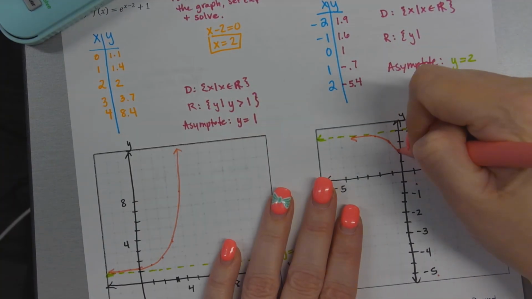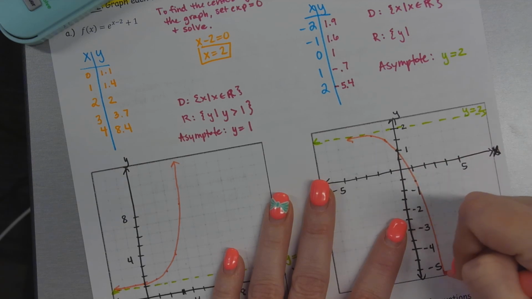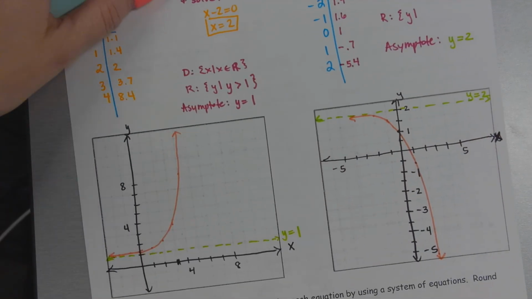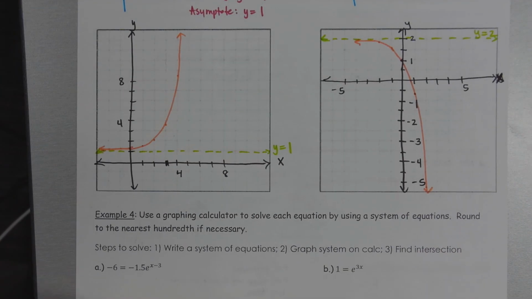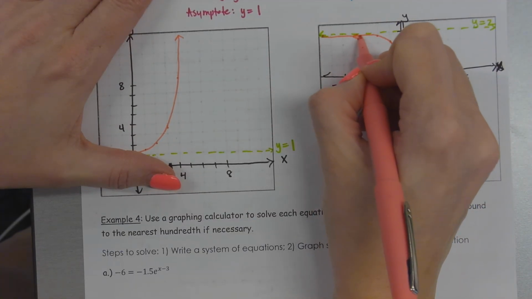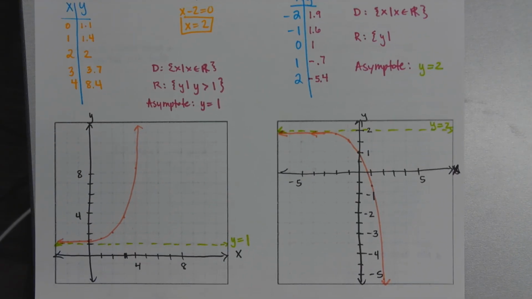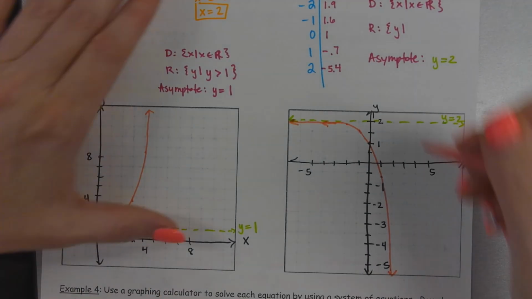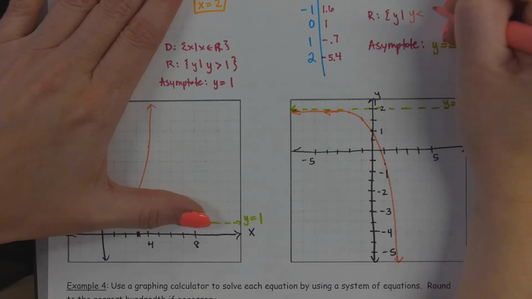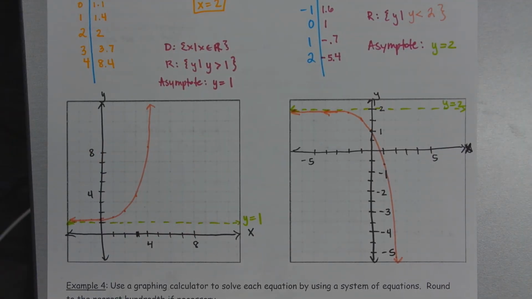So you want your arrows on both. If you wanted, you can extend this even if your whole way there. Okay, so this time the y is going to be less than your value, so it's going to be y is less than 2.